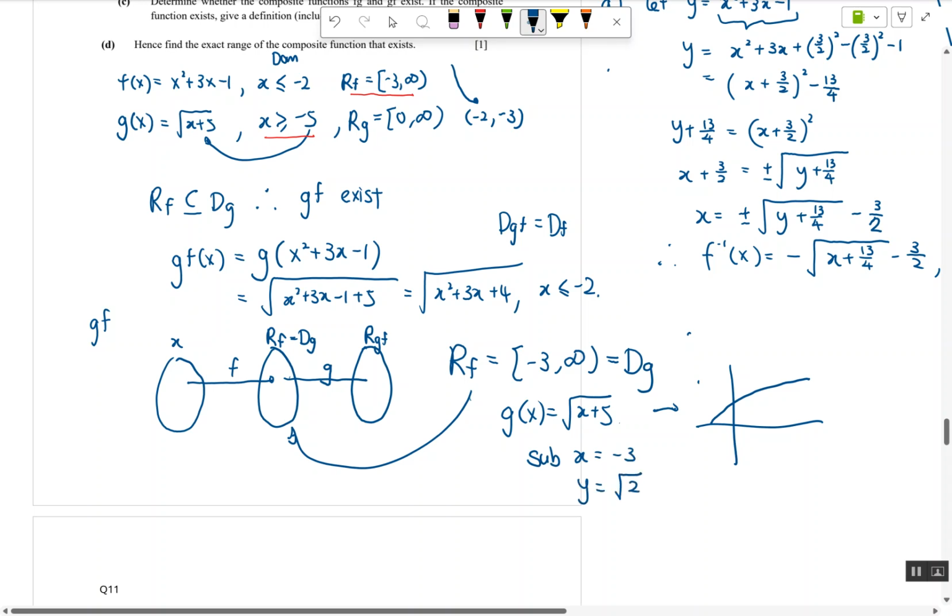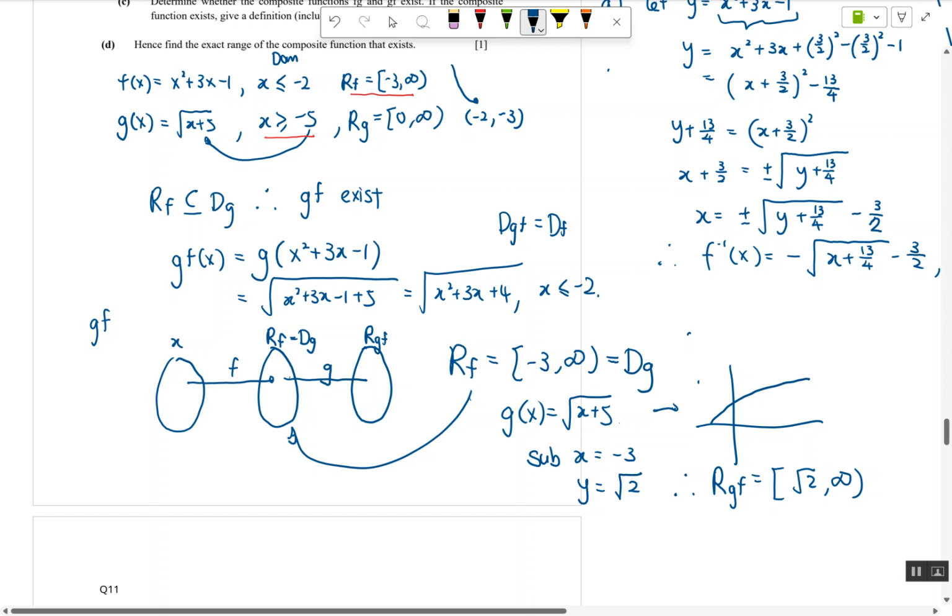This part can understand? Okay, square root 2. So therefore, the range of gf is from square root 2 all the way to infinity.